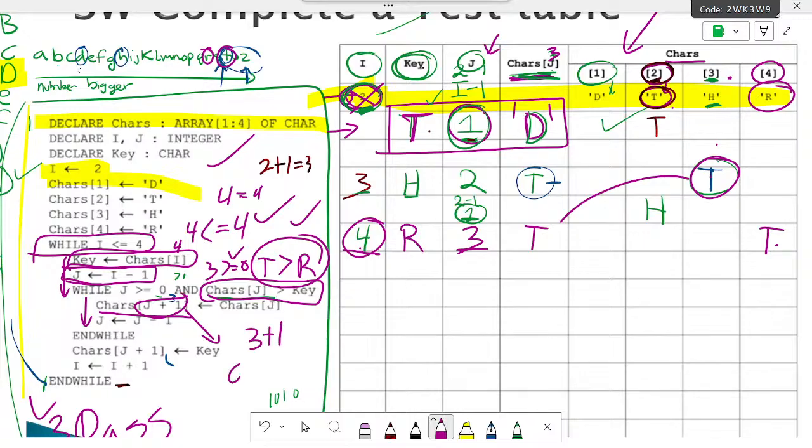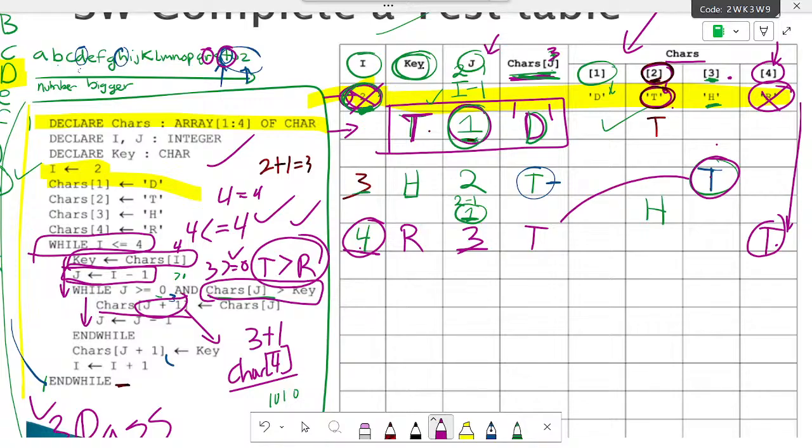What is char 4? Char 4 is this position, but it's not R. It's T because we have to use the most recent one. It's a bit complicated, because it's not R, it changed, and right now we have to use the most recent one. Do you understand? Yeah. Okay.